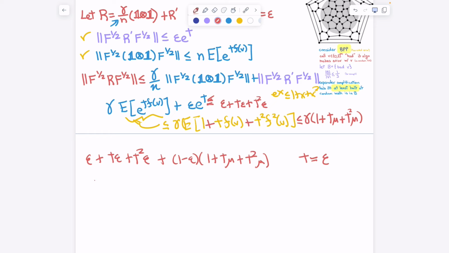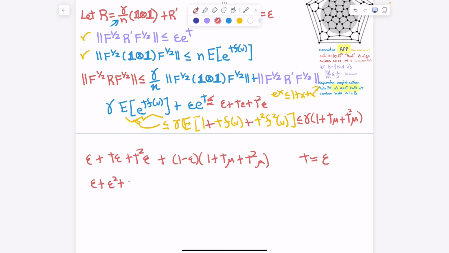So you're getting, I'll write it out first, 1 plus t epsilon plus t squared epsilon plus, oh my eyes, 1 minus epsilon, 1, oh wait, I was going to replace the t's with epsilons, okay. Like, the good news is that we don't have any t's.